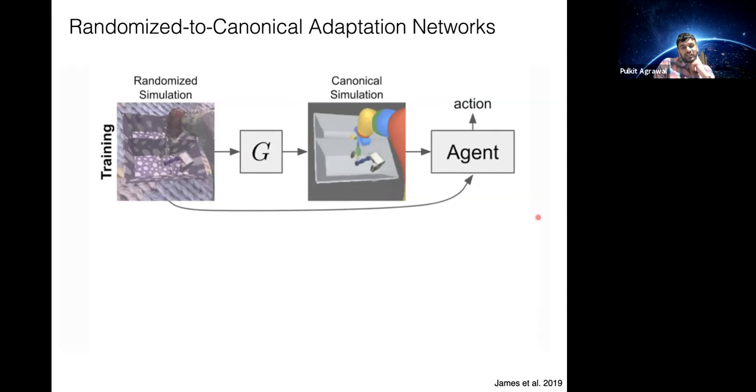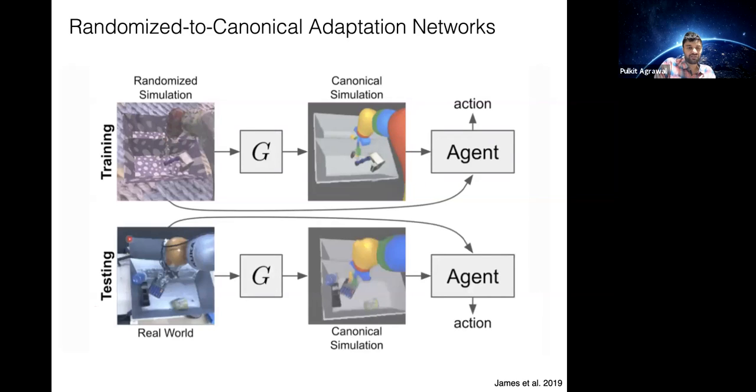Yet another idea is to say, well, I'm going to randomize the simulation by changing some things, but I'm going to learn a neural network which transforms this randomized image into some canonical image. And then I'm going to train my policy on this. So what I'm learning is, from different randomized versions of the simulator, to map them into some canonical frame of reference, so that if I get my real world sample, I can also map it to the same canonical frame where I can then run my policy.